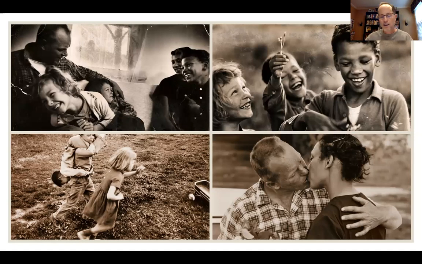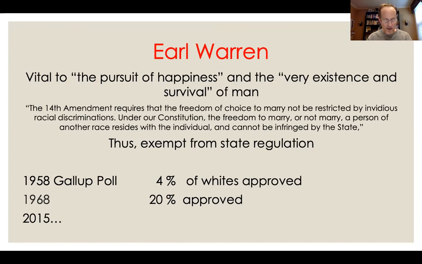But for now, let's just understand that the Supreme Court in 1967 asserts this concept from Earl Warren, that the right to marry is part of the pursuit of happiness. And it's part of the very existence and survival of man. And if you look to the text below that, this idea that the freedom to marry or not to marry a person of another race resides with the individual and cannot be infringed upon by the state. So it's really interesting.